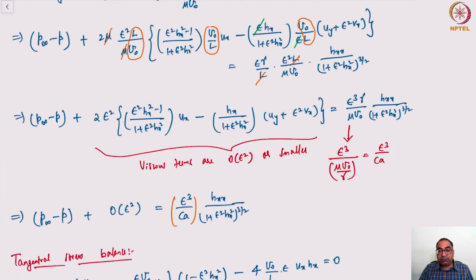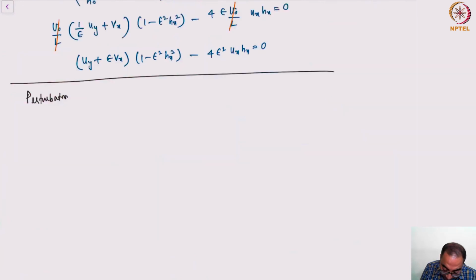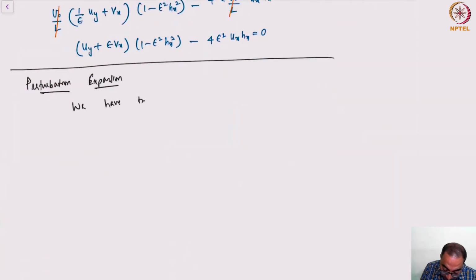Now in perturbation theory, the first thing to look out for is a small parameter. Now we have not one but two small parameters. Let me write this down. So we have two small parameters in the problem.